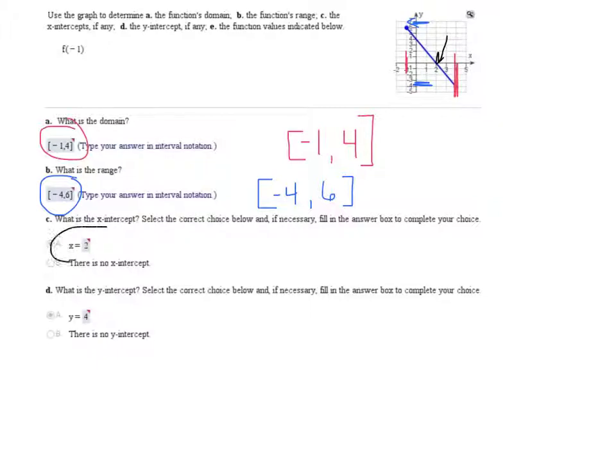So that's why we have x equals 2 for the x-intercept. For the y-intercept, we want to see where it crosses the y-axis, and in this case it crosses the y-axis right there at 4. So we have y equals 4 for the y-intercept.